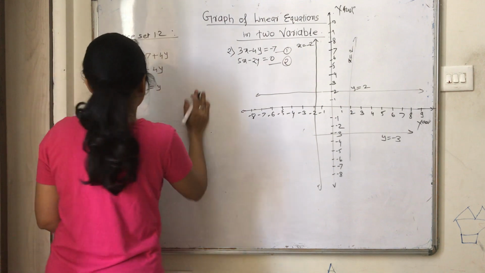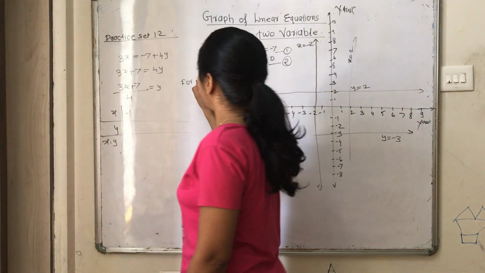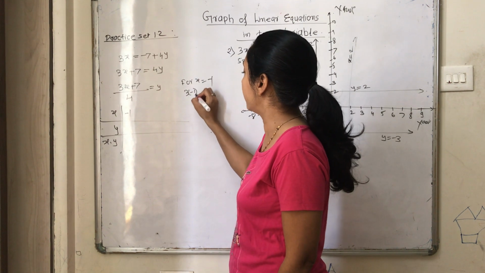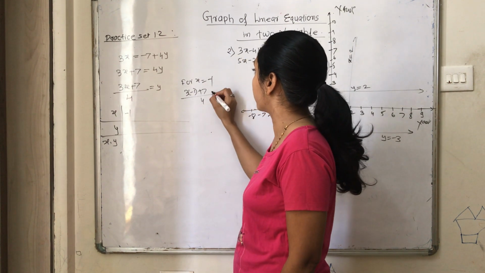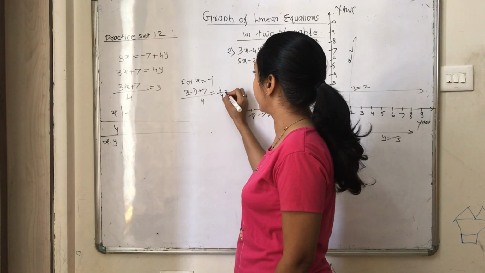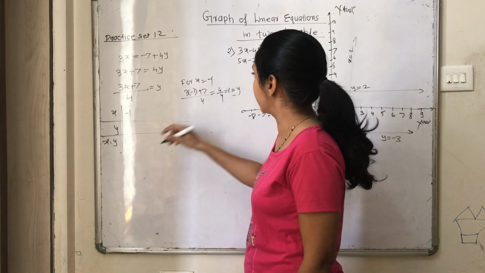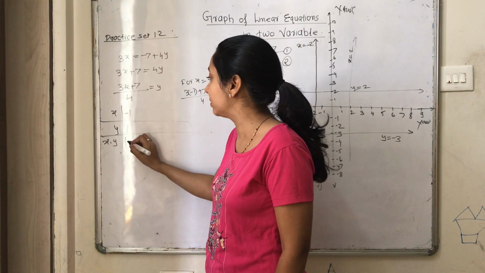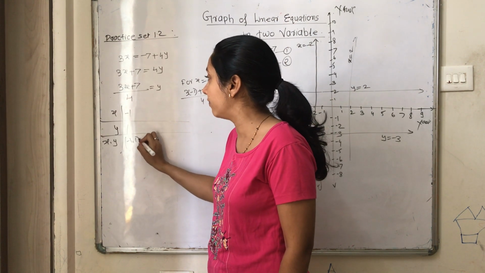So for x is equal to minus 1, it will be (3 into minus 1 plus 7) divided by 4, which is 4 by 4, equal to 1. So for x is equal to minus 1, y is 1, and the pair is minus 1 comma 1.